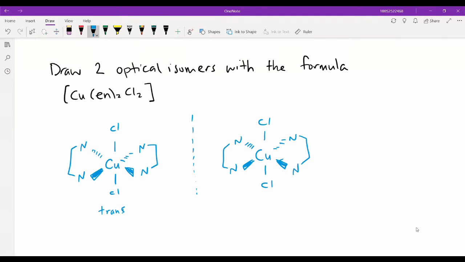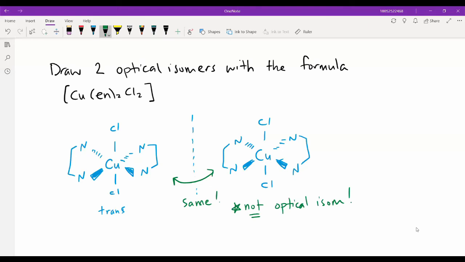Can I superimpose them? If I take either one, let's say the one on the right, I can see that I can just move it over. It's the same thing, right? So this is the same thing as that. So not chiral, or not optical isomers.